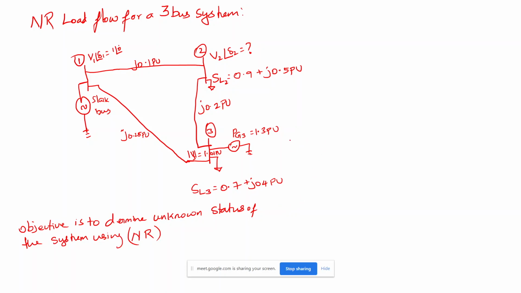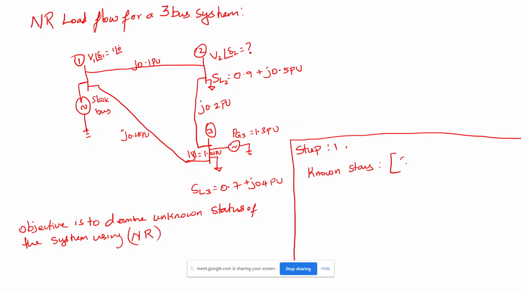So let me check what are all the known and unknown. First, we will be very clear about what are all the knowns and unknowns. Step 1, first you need to find out the knowns and unknowns. Known states are del 1 is known and V1 is known and V3 is known. Am I right?